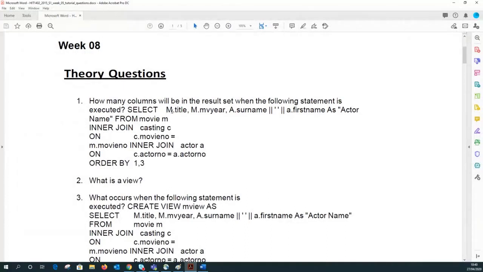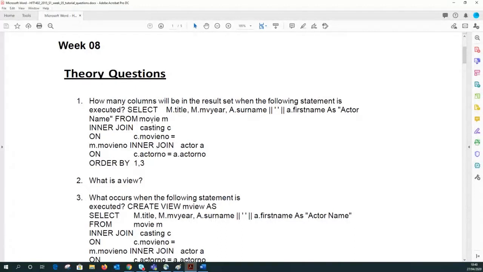Right, so how many columns will be in the result set when the following statement is executed? Now what they have given is a straightforward select statement. What they're asking is how many columns, not how many rows, but how many columns.